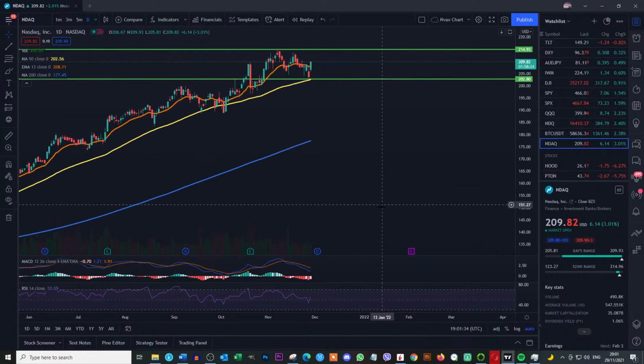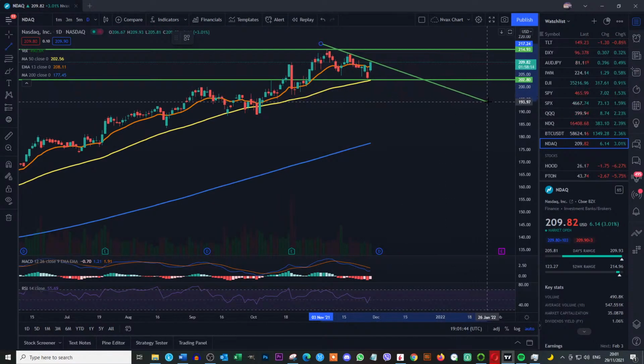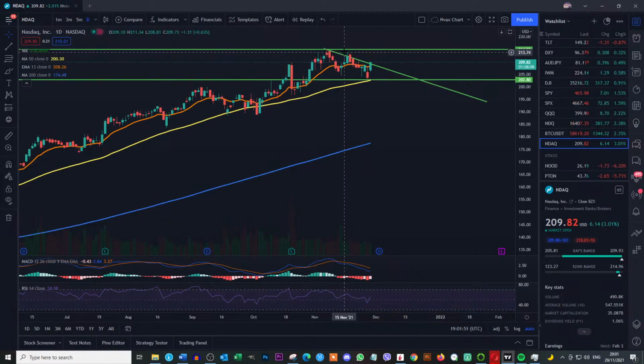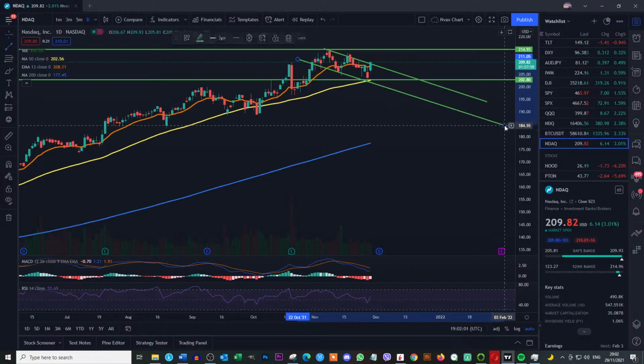Now you can see here that we are staying slightly in one channel. Here you can see that there is actually a slight downtrend. You can see here that we have lower highs and lower lows. This usually means that we are in a downtrend.